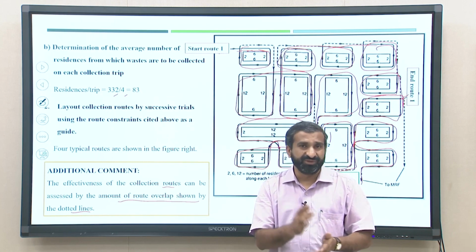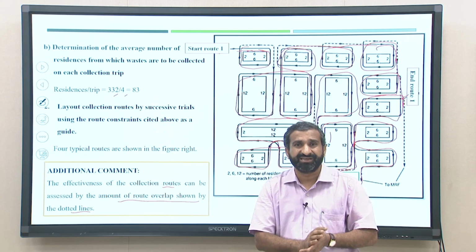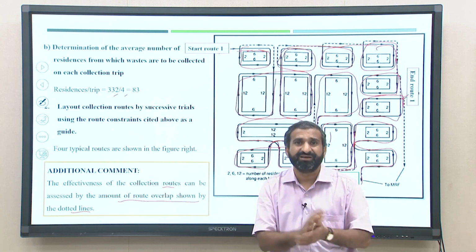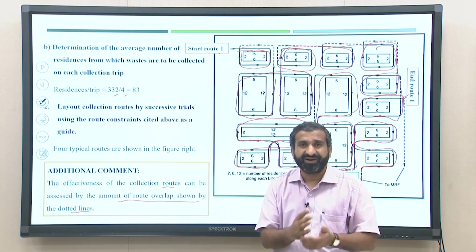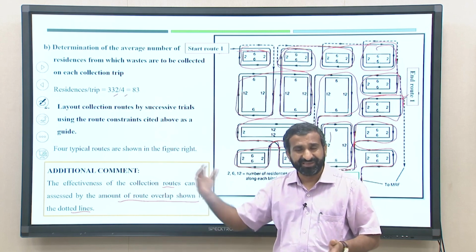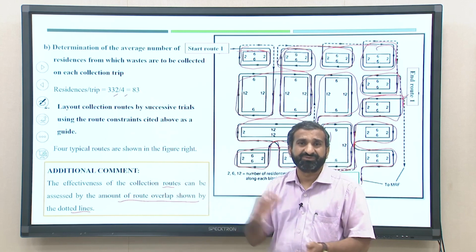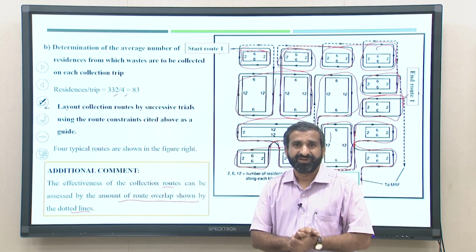If you improve waste collection in an economical way or with proper planning, we can find some money for the treatment and disposal facilities also.